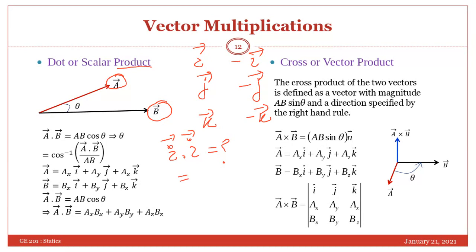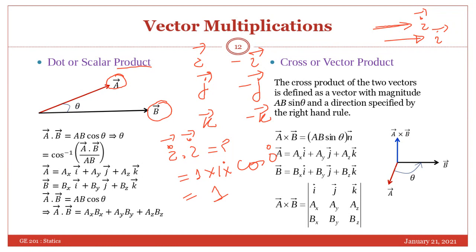So magnitude of A is 1, magnitude of B is 1, and the angle between the two parallel vectors is definitely 0 degrees. So it will be 1 into 1 into cosine of 0. Cosine 0 is also 1, so when you multiply these three, the answer will be simply 1.